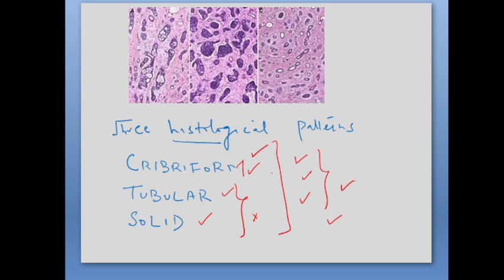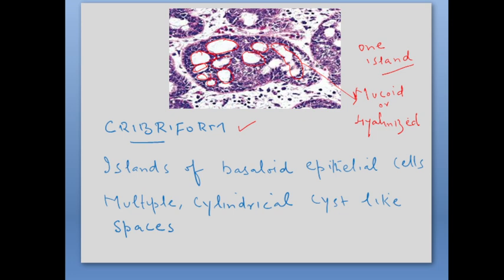Histopathologically, three patterns are seen: cribriform, tubular, and solid. Cribriform pattern is most common. In cribriform pattern, islands of basaloid epithelial cells are seen. There are multiple cystic-like spaces. These are also called pseudocysts.